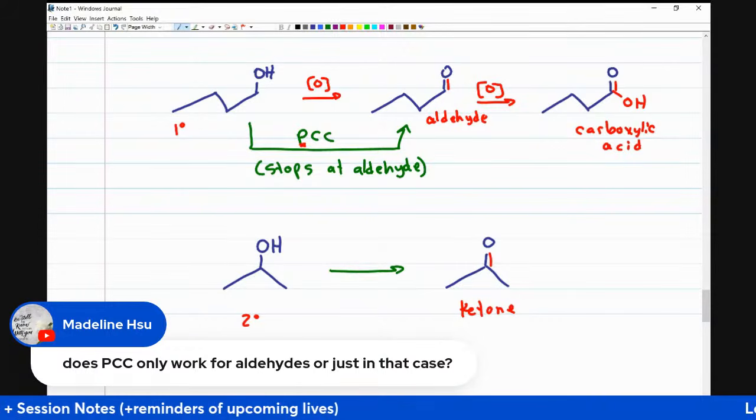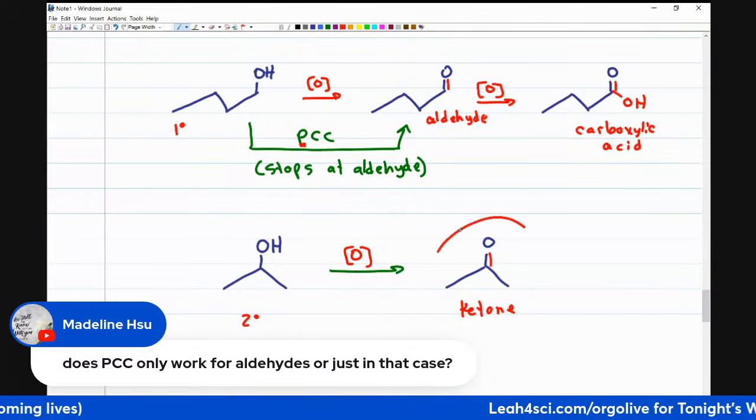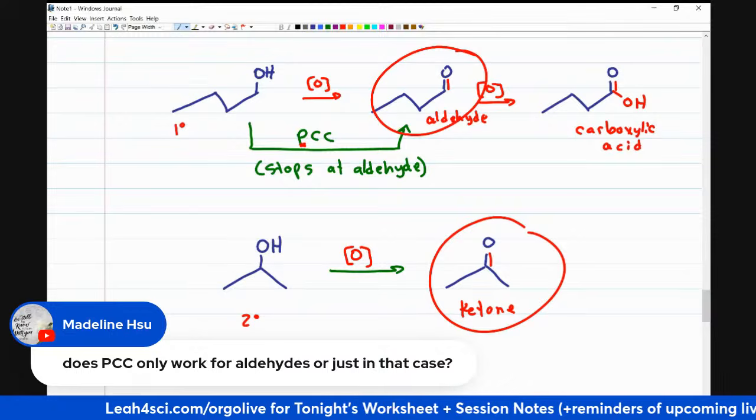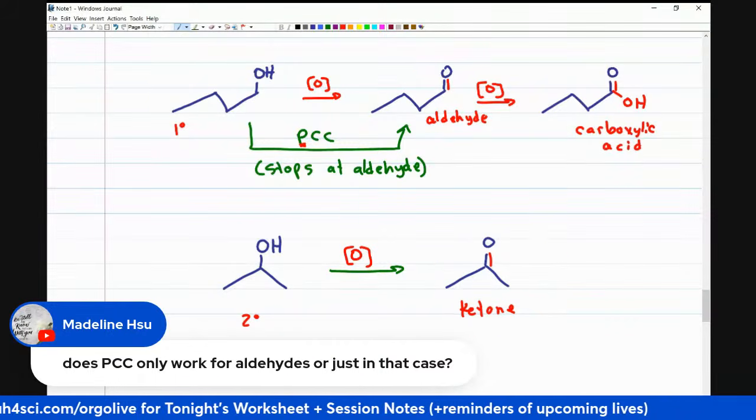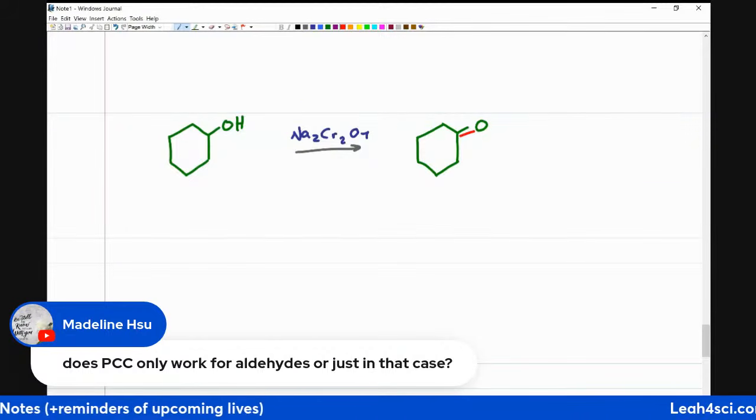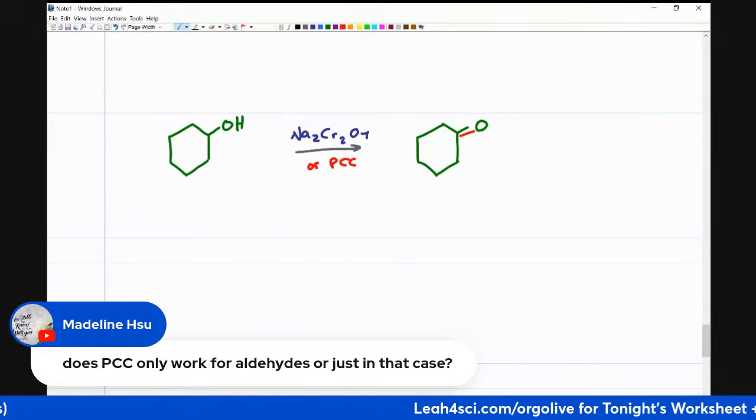But I can also use PCC over here because to get a ketone takes about the same strength of oxidation as I need to go from an alcohol to an aldehyde, because all I'm creating is one carbonyl, one extra bond. And so in this case, PCC will work just as well. So I'll put a note here, or PCC, and you'll get the same product.